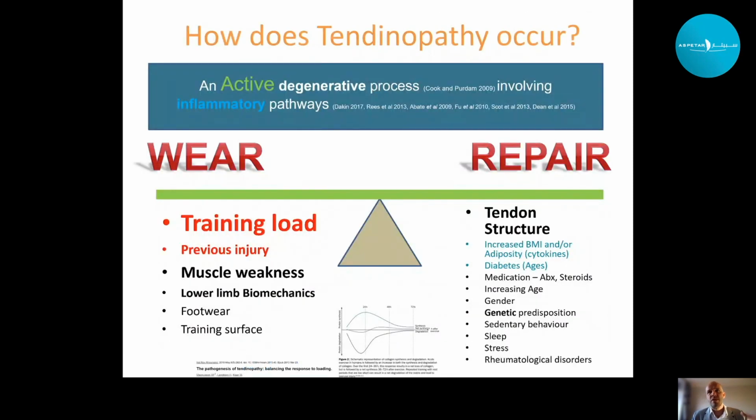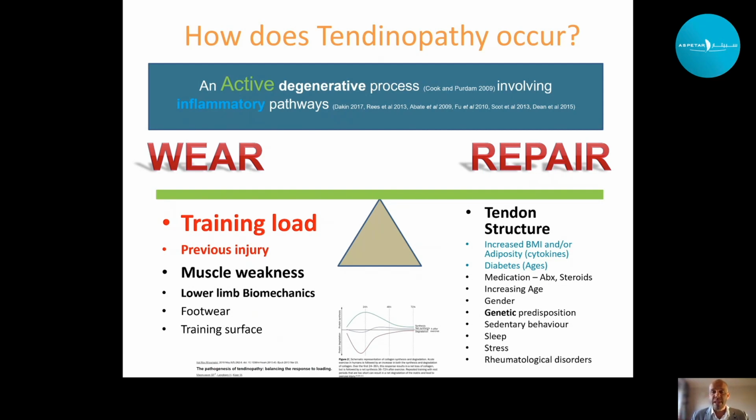Now, I try and summarize all of that cellular stuff and all of those pathways about the process of tendinopathy into a simple thought process of homeostasis, as we all know and understand. And really what we're talking about is wear and repair.